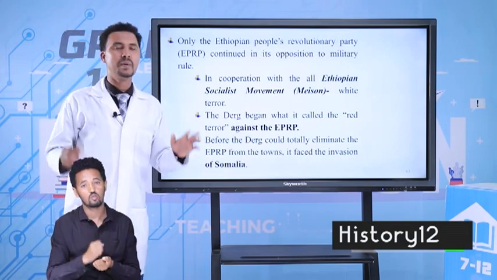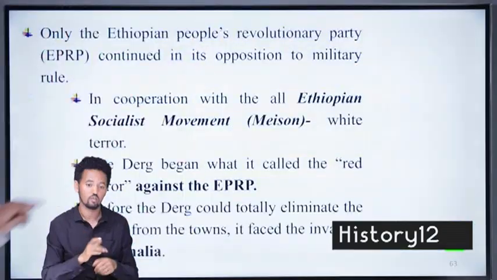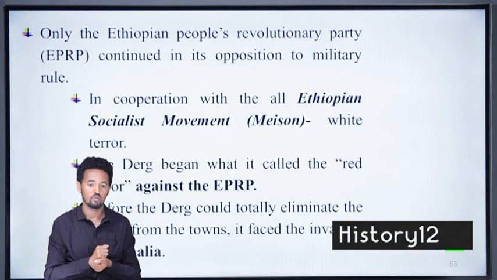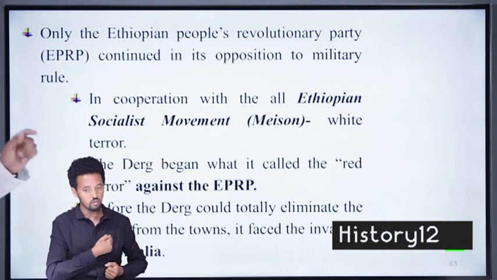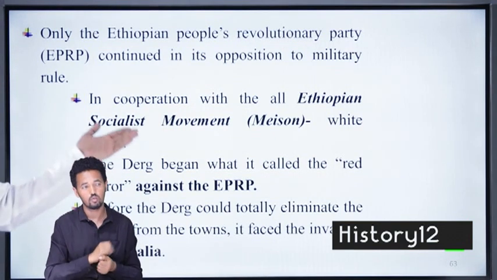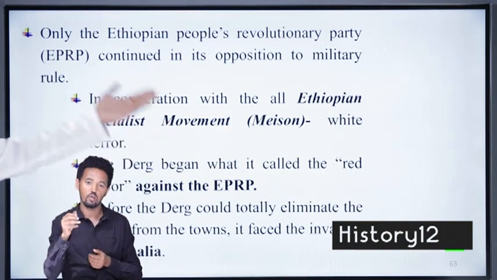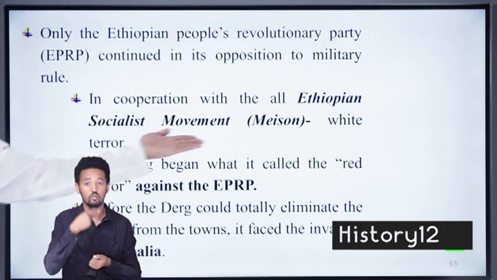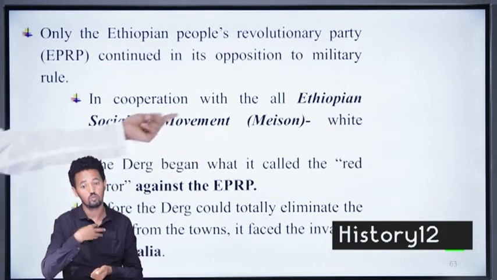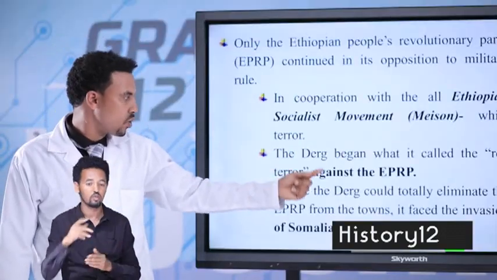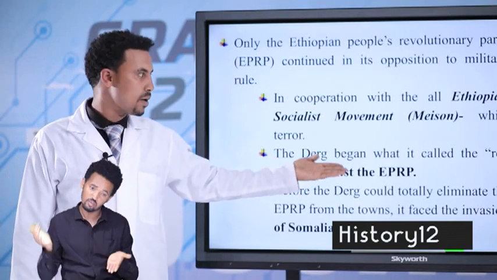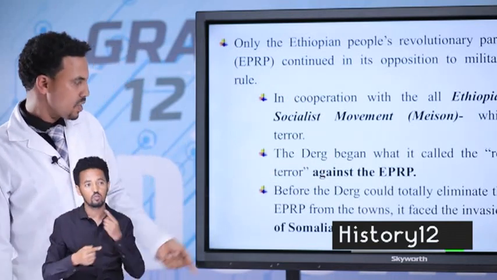Only the Ethiopian People's Revolutionary Party, EPRP, continued its opposition to the military rule. In cooperation with the All Ethiopia Socialist Movement, or MEISON, the EPRP followed White Terror. Then the Derg began what is called Red Terror against the EPRP and MEISON.